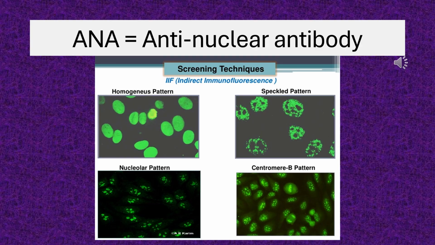There are some ANA ELISAs, but for most institutions, it's the immunofluorescence that is reported. What this means is that the test is done using a microscope and a slide, the slide containing human cells. Usually, the ANA is reported as a titer, 1 to 80, 1 to 160.